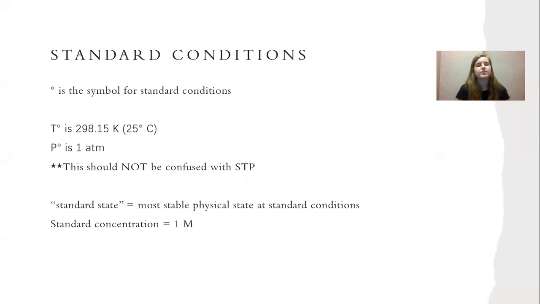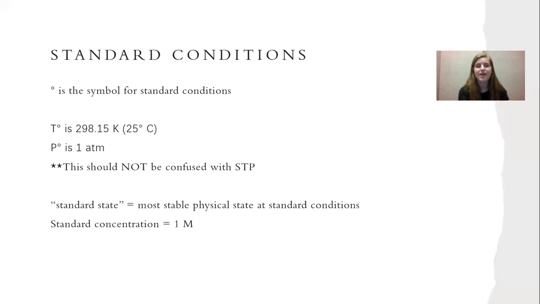So let's talk about standard conditions. The symbol for standard conditions is this little degree symbol. You've probably seen it a few times. And all that means is that temperature is going to be 298 Kelvin or 25 degrees Celsius, and pressure is 1 atmosphere. This can easily be confused with STP, which we remembered from a few lectures back.